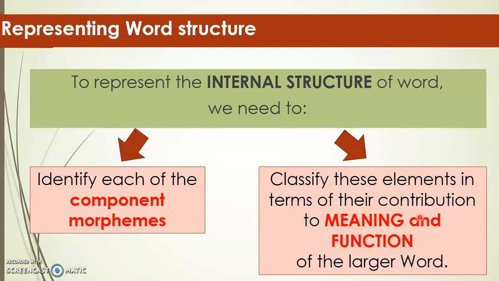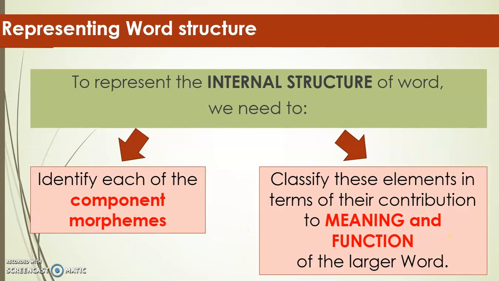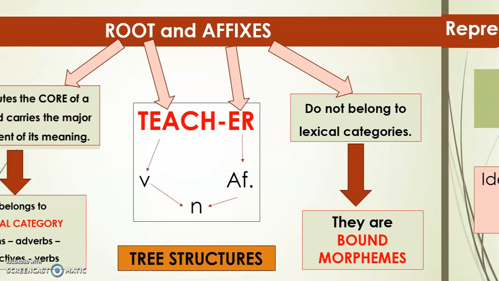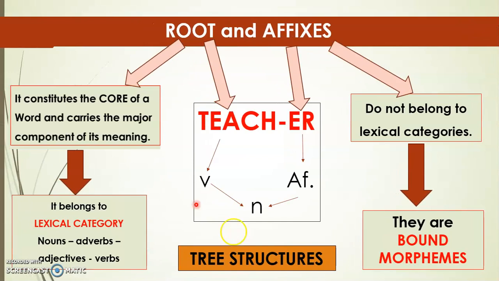And how do we represent word structure? This is what you have to do. To represent the general structure of a word, we need to identify each of the component morphemes and classify these elements in terms of their contribution to the meaning and function of the larger word, by showing the root and the affixes.